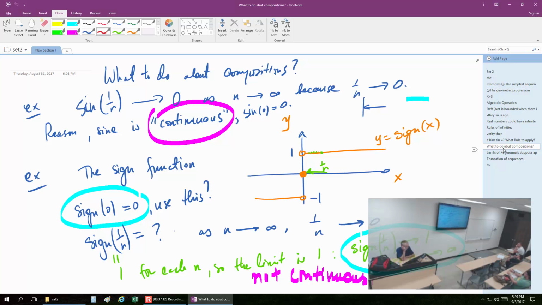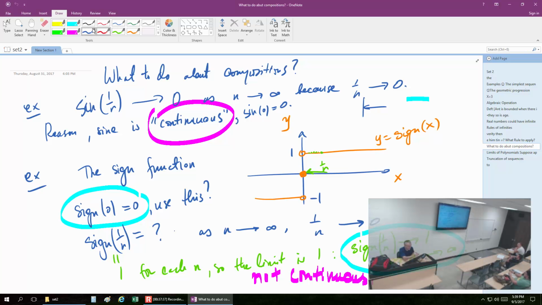That's what we're looking at. And these two examples reveal to us how we're going to use sequences to study functions. So ultimately, at least in this course, sequences are used to study functions, period. So we're interested in the functions.